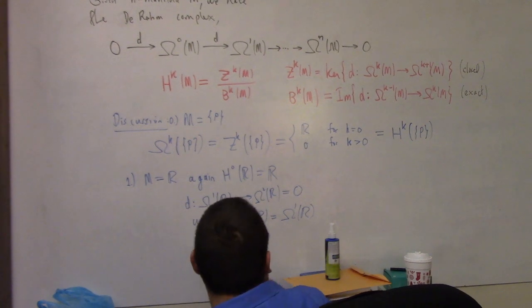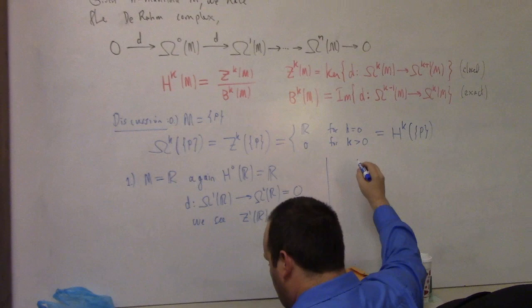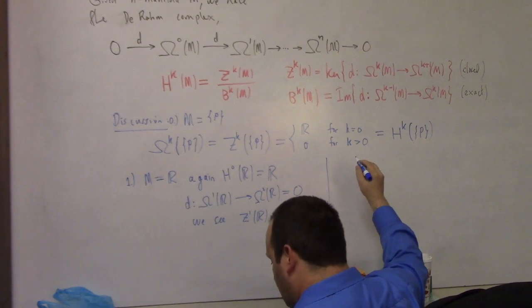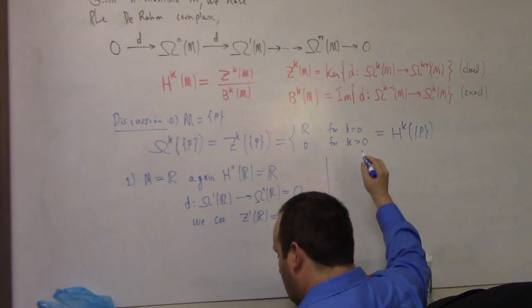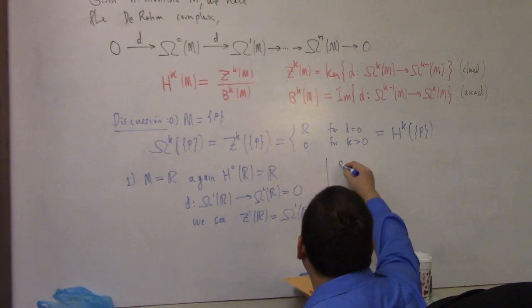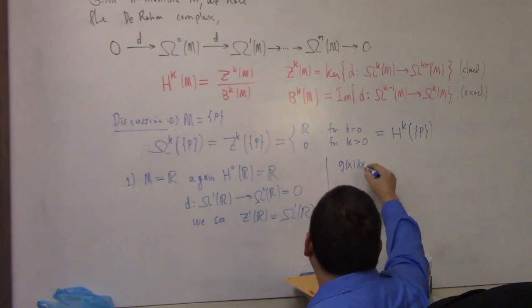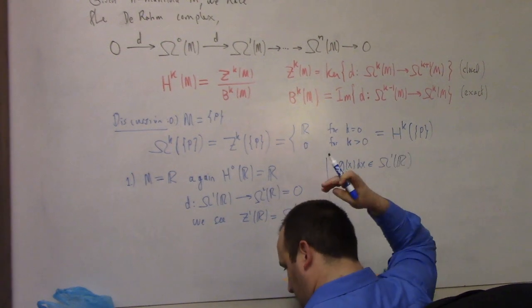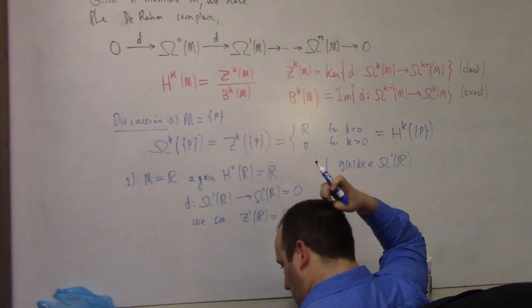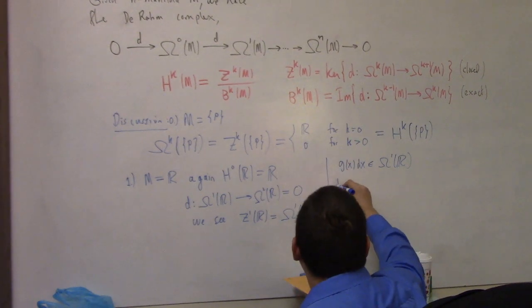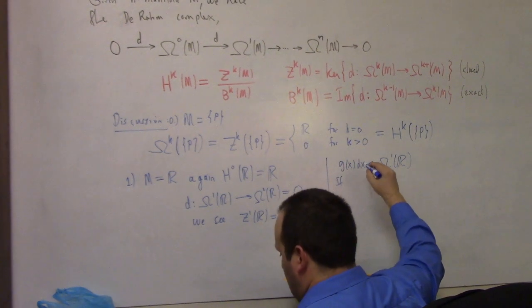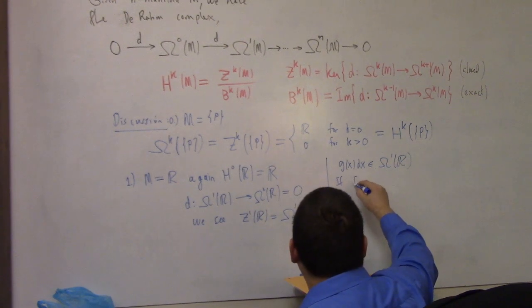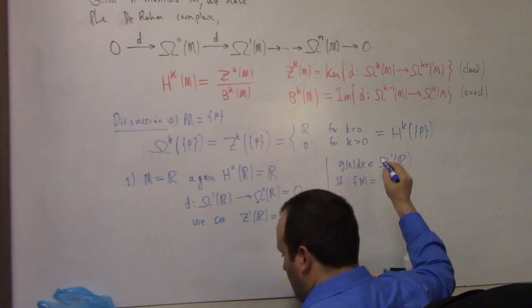Now he says if g of x dx is an element of omega 1 of R, right, then basically he's going to construct a potential function, f of x equals, can you guys tell me what it should be?